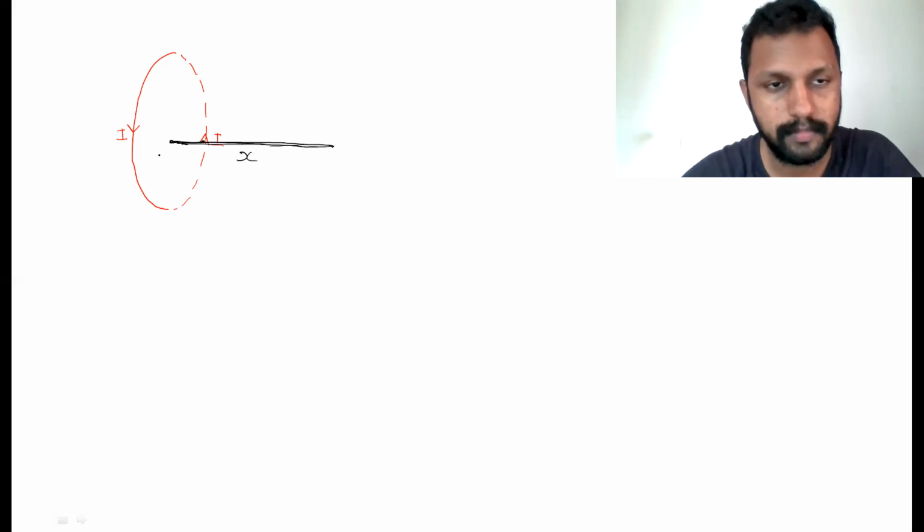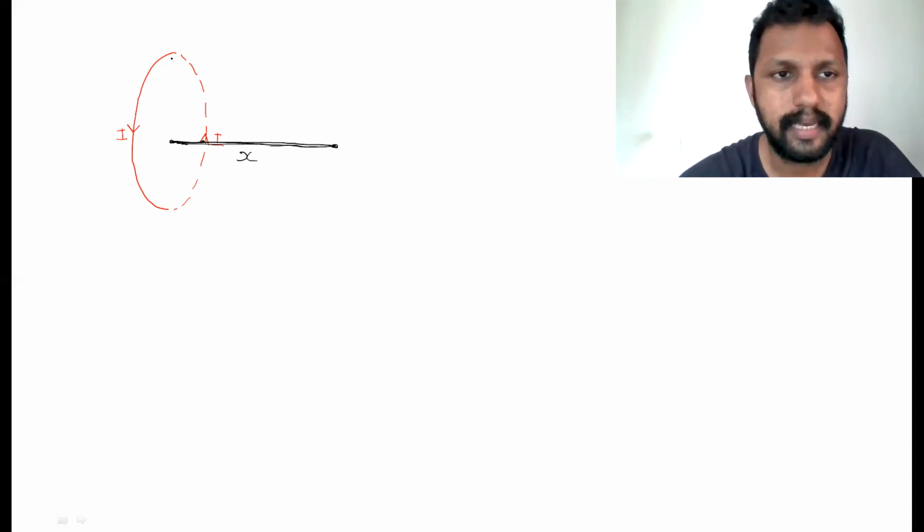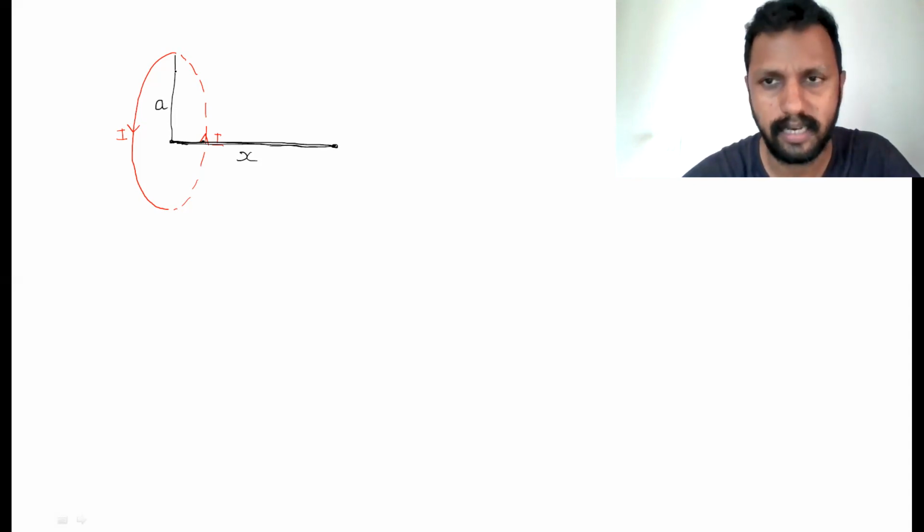The distance from the center to the axial point is x. Then we have to find the magnetic field intensity at this particular point. For that, let's say the radius of the circular loop is a. Normally we mark the radius as r, but in this situation, I am marking the radius of the circular loop as a.